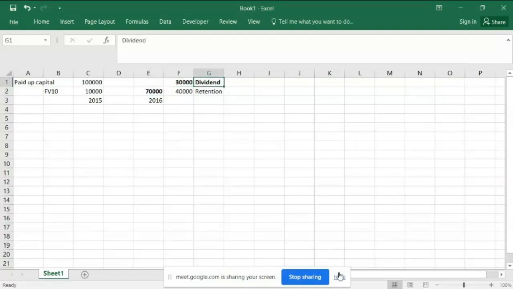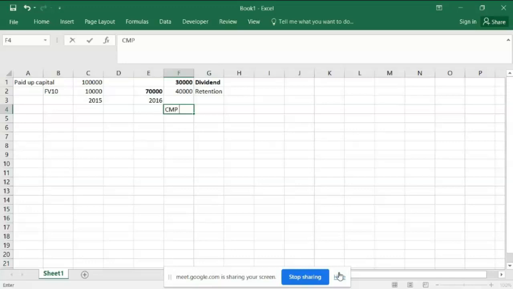So hope you know what would be the dividend going to be distributed per share. The face value of the equity share is 10 rupees. You can take the current market price during 2016.